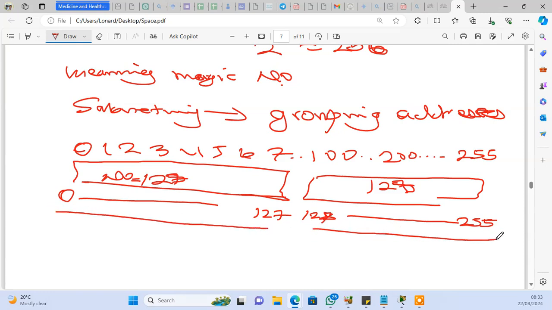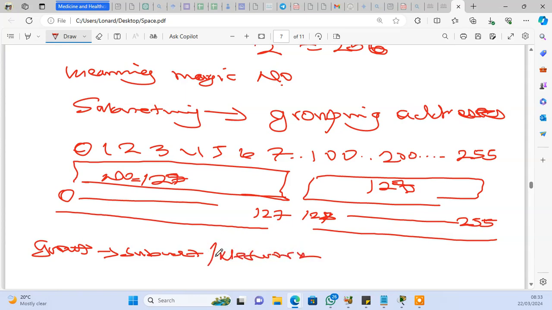This range here, what you're seeing here, is what we call the magic number. The magic number is the total number of IP addresses per group. It helps us to find the total number of IP addresses per subnet. A group is a subnet, or you can call it a network. A group is not a technical name, just my word, but you can call it a subnet or network.